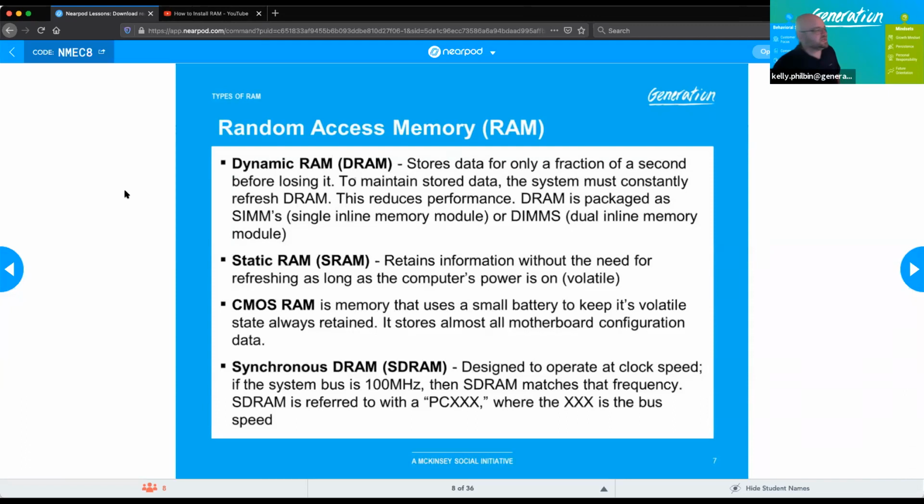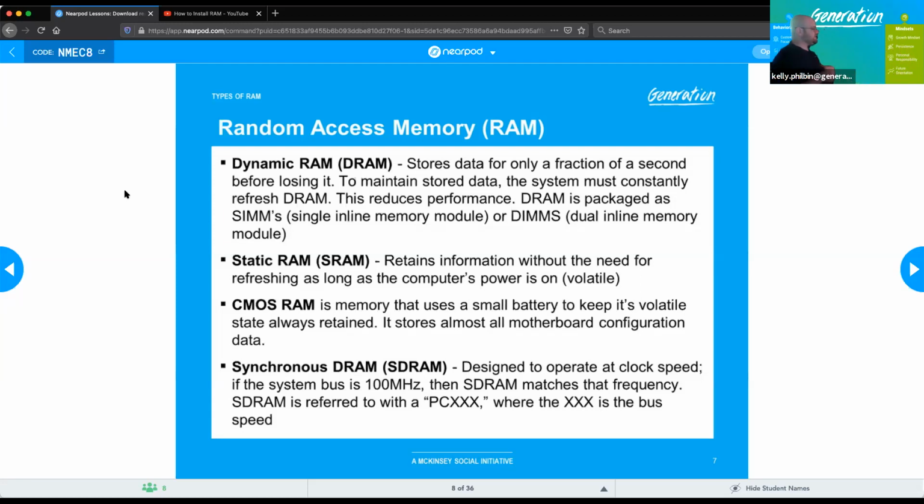Excellent. Thank you, Layla. Now, the older forms of RAM will be the DRAMs. Those are going to be your older forms of RAM. What we are moving into today, what we have been using for quite some time, is the synchronous DRAM, or SDRAM.